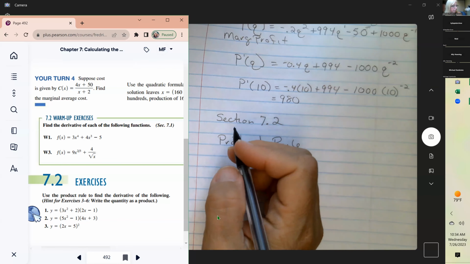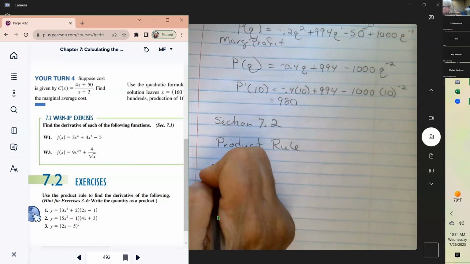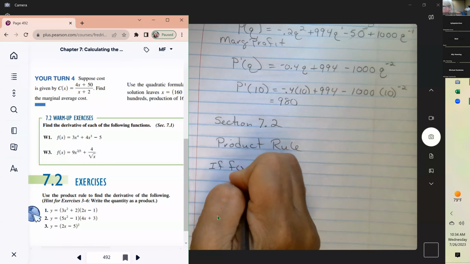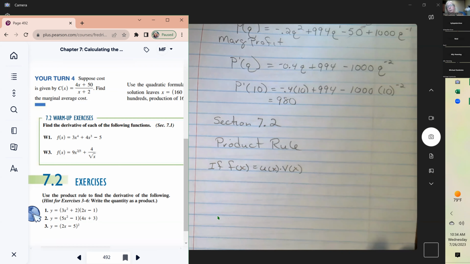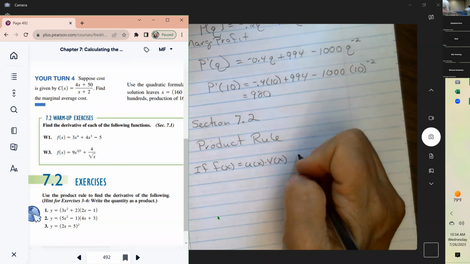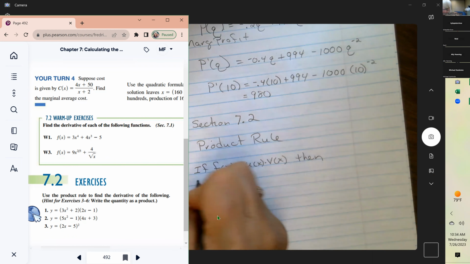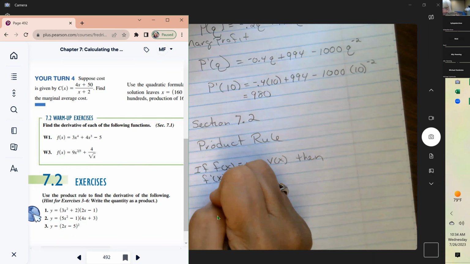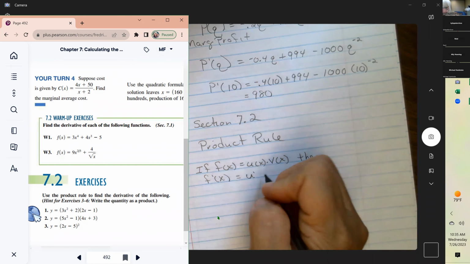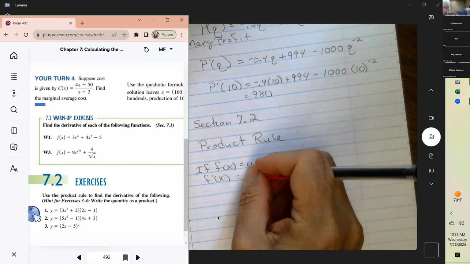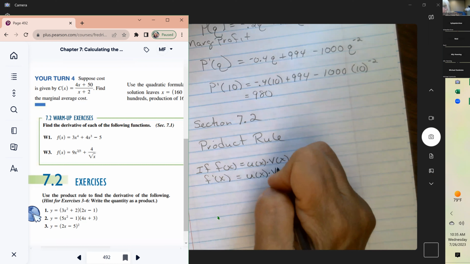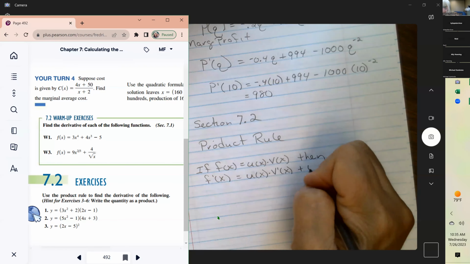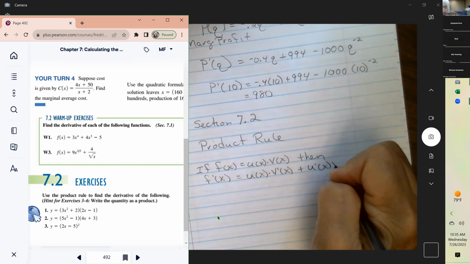So if we had two parts multiplied together, then the derivative is u of x times the derivative of v plus the derivative of the first times the second.